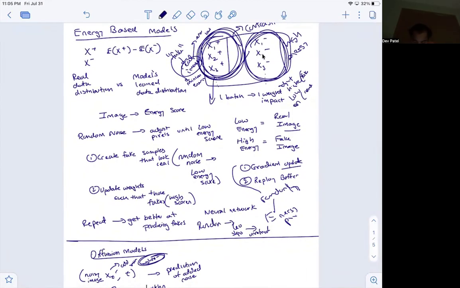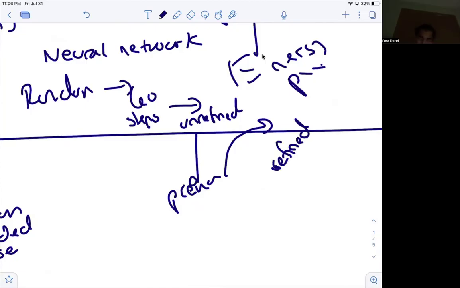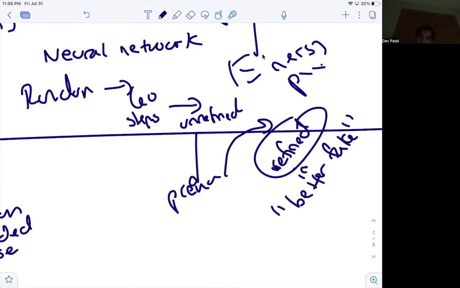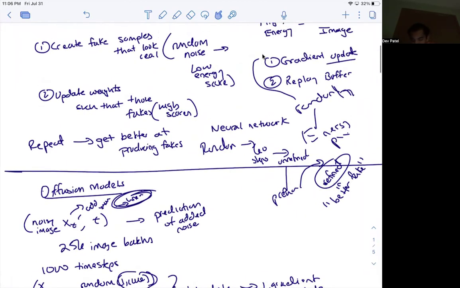So what we do is take a previous unrefined image and use that as a starting point, and then layer upon it the additional 60 steps. Now we get a more refined image. So it's a better fake, essentially. It's a fake image that looks closer to a real image. That's what we get with the replay buffer.